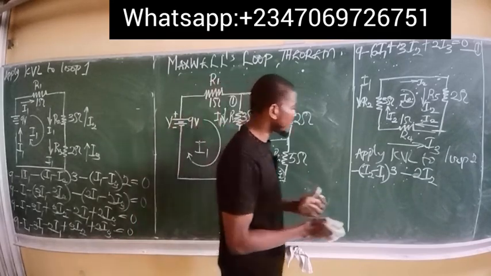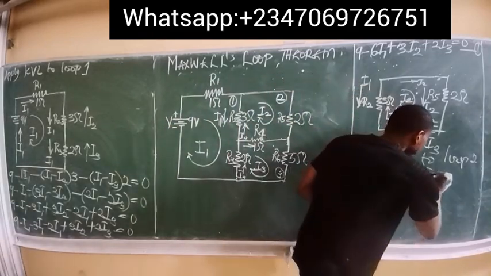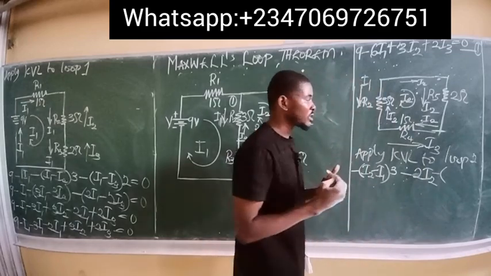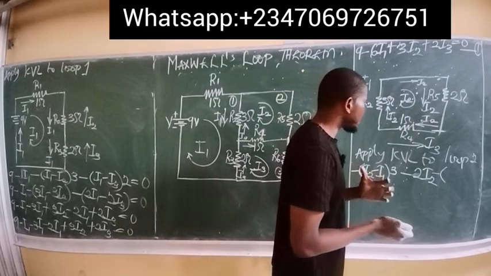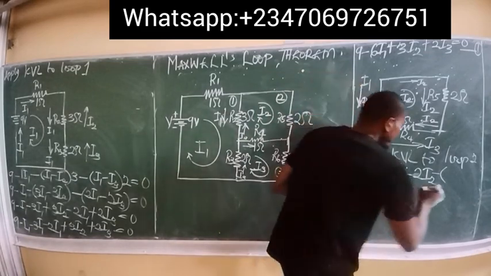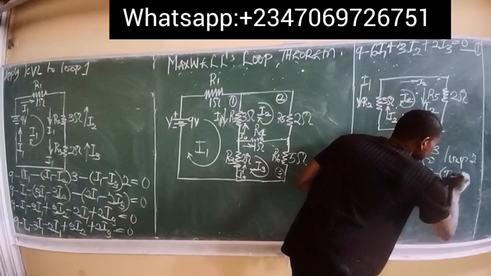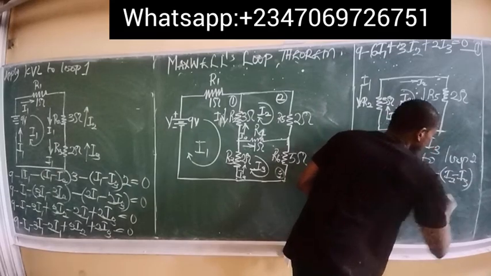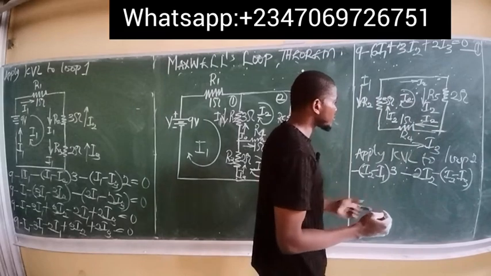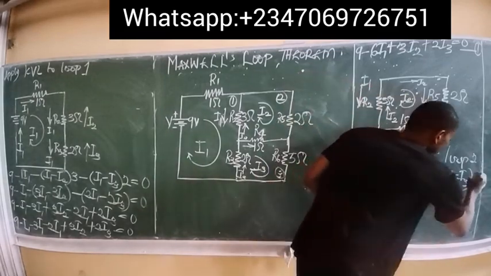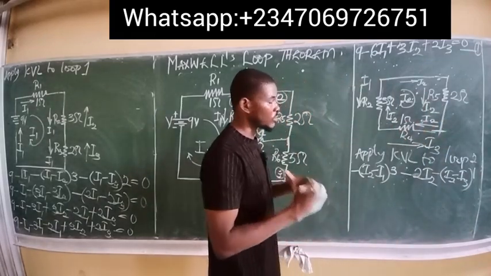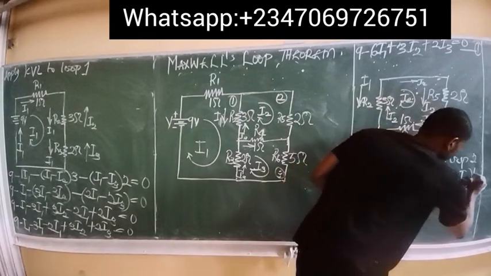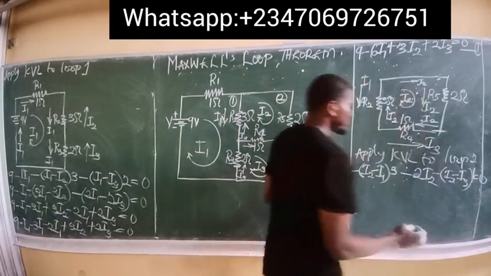So I will simply have, first of all, minus, because there is a potential drop whenever current flows through a resistor, and then the difference in the currents. Now since I'm on loop 2, it becomes I2 minus I3 times the resistor. The value of the resistor is simply 1 ohm, so times 1. So this is the whole potential drop in that loop. The whole of this is equal to 0. So we simply have this.